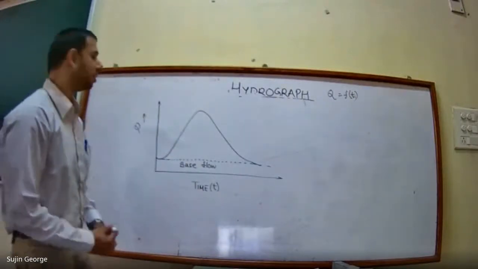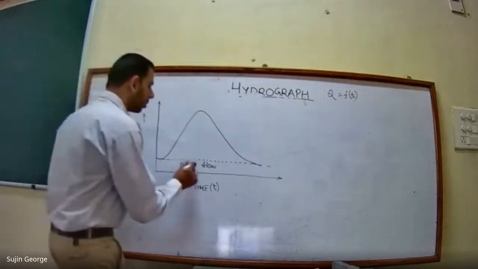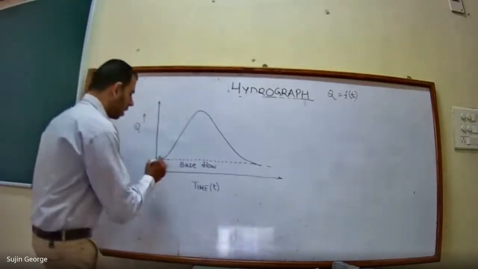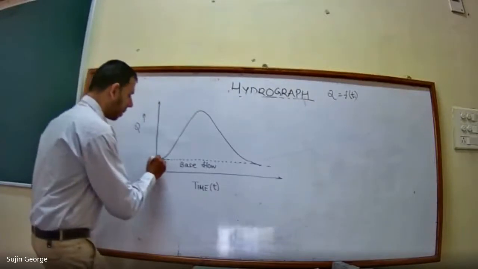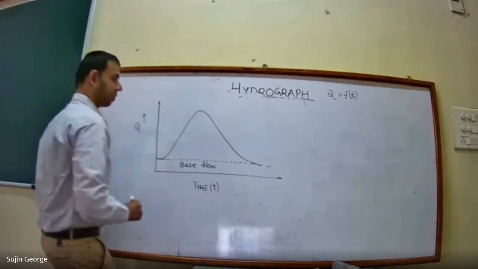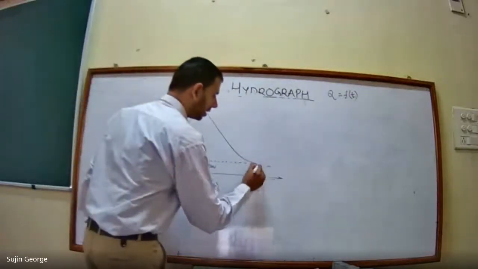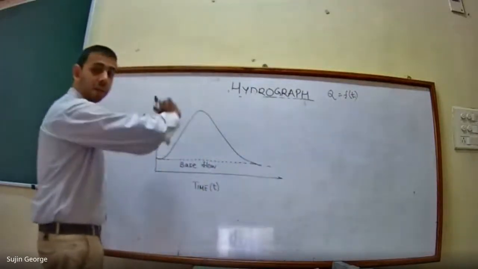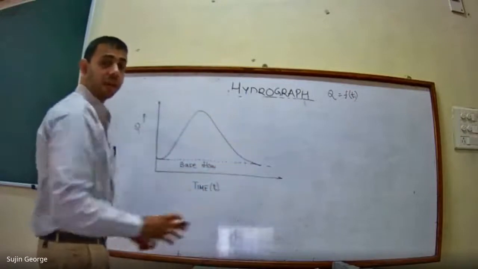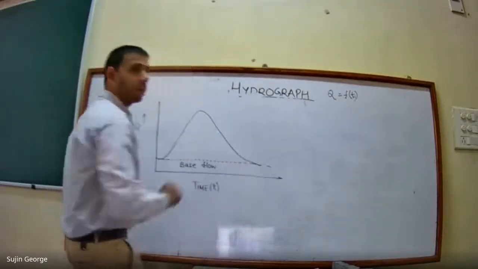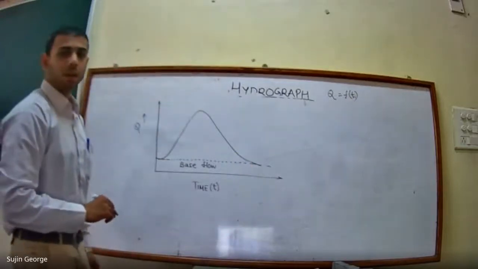What's my point? So first here we will indicate the base flow. This is the point from where it is starting, and this is the point where it is coming to an end, where the hydrograph or the maximum discharge has been attained.